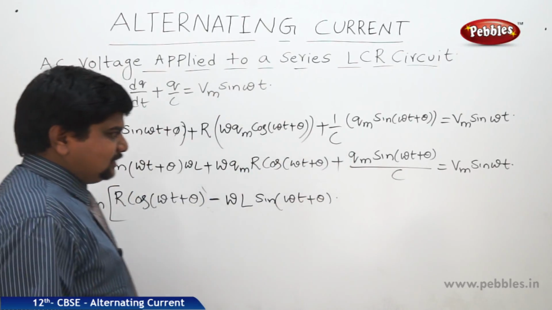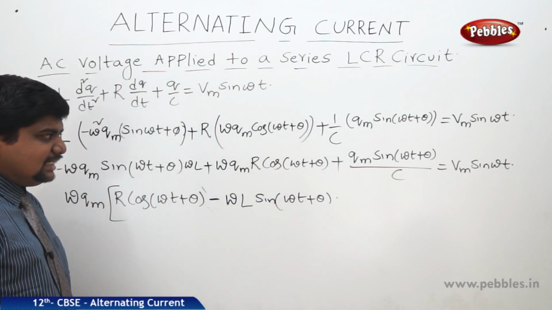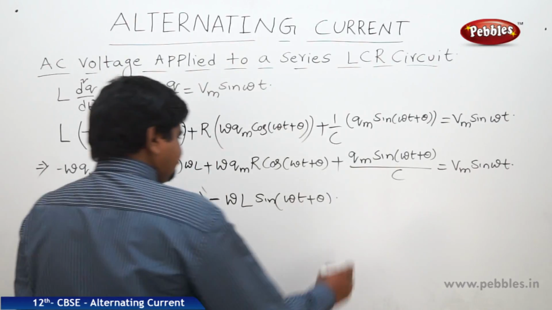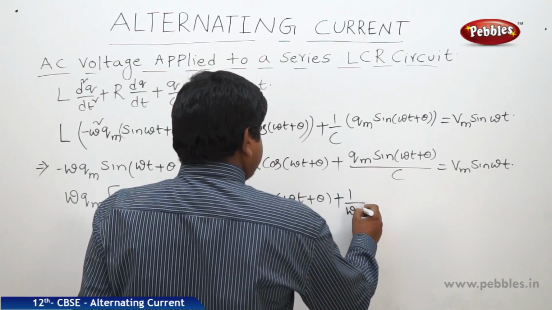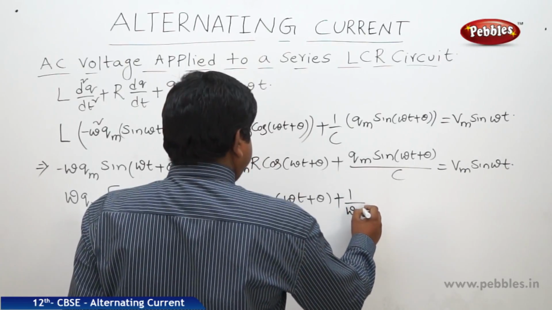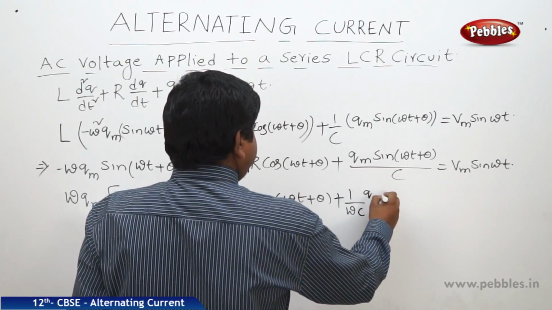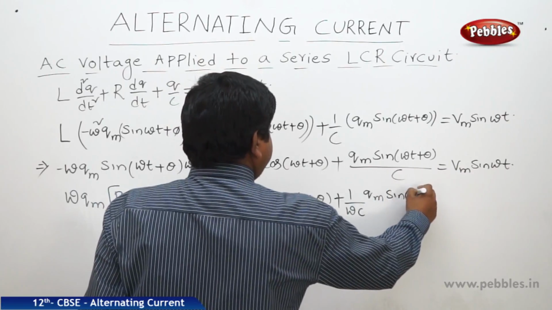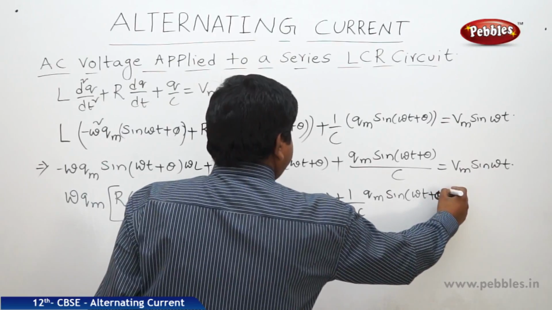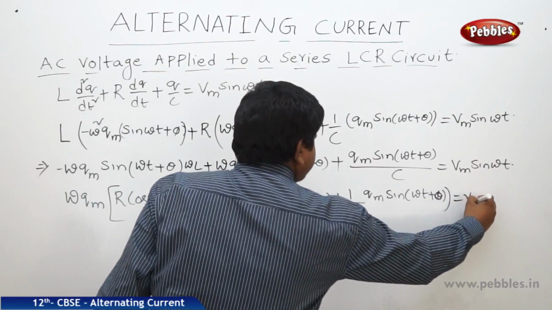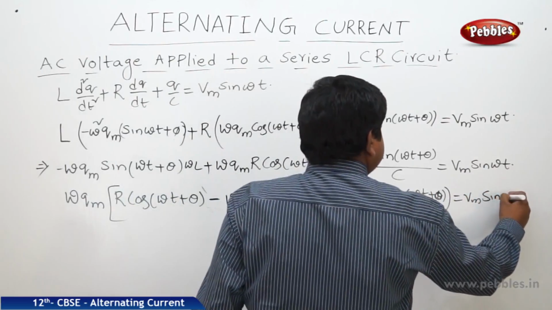What about this term? 1 by omega C into qm sin(omega t plus theta) is equal to Vm sin omega t.